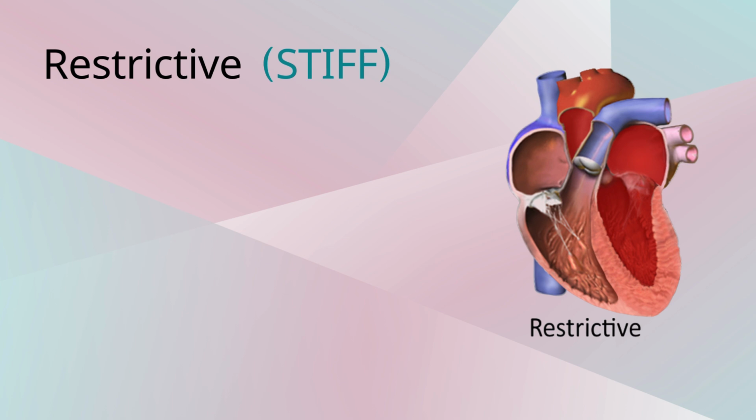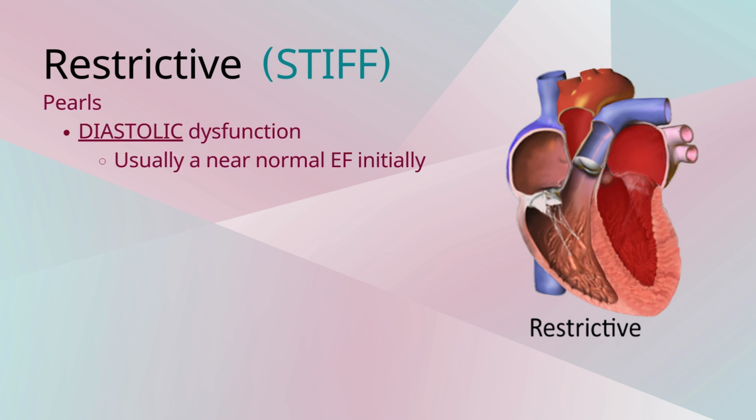Because restrictive cardiomyopathy impairs the ability to fill, it also creates diastolic dysfunction. In fact, there is usually a near normal ejection fraction. Now, as the disease progresses, the restriction also impairs the ability to pump effectively and can eventually cause systolic dysfunction as well. But remember, it's primarily associated with diastolic dysfunction. Restrictive cardiomyopathy makes up only 5% of cardiomyopathies, making it the least common.